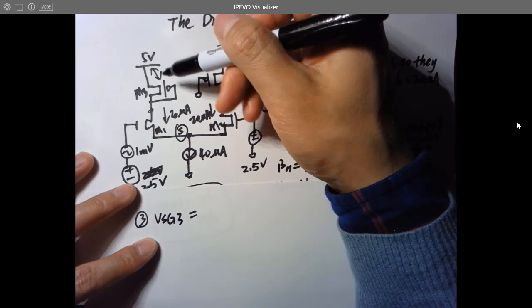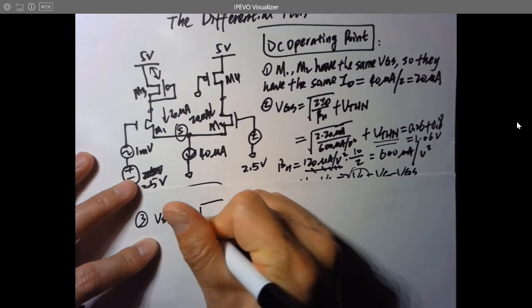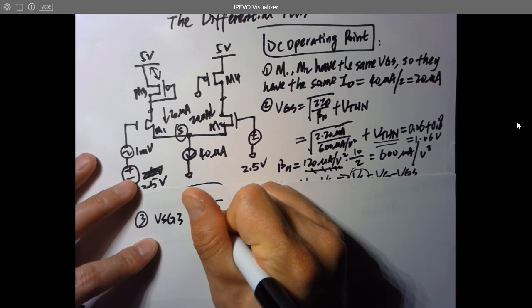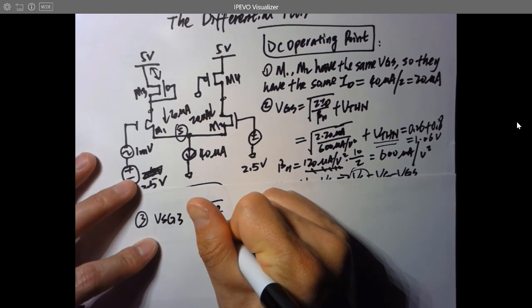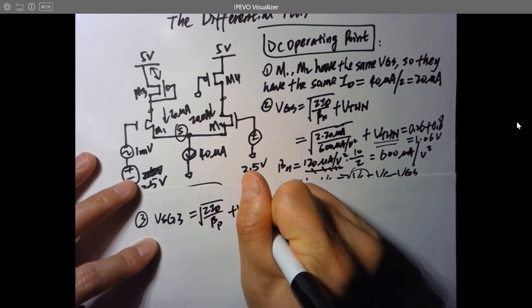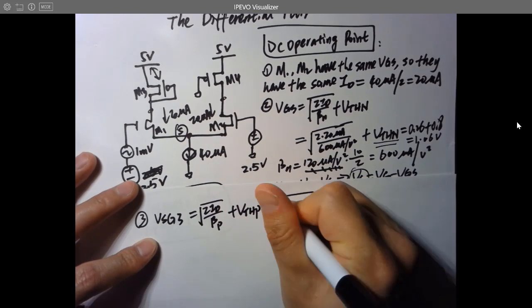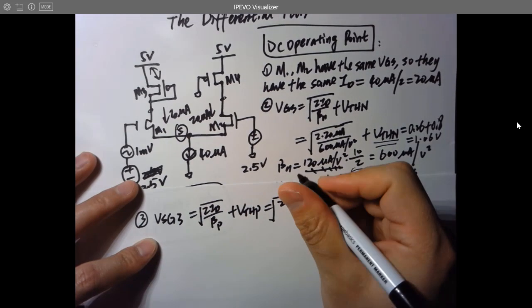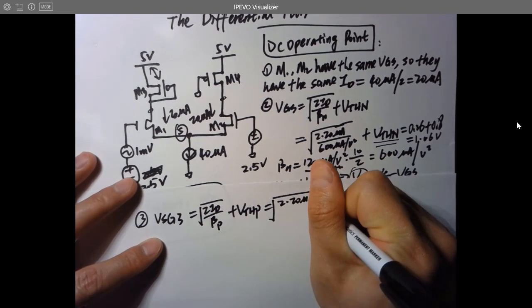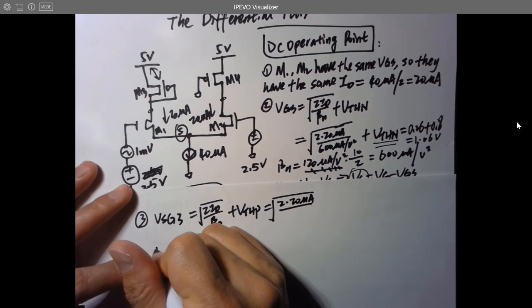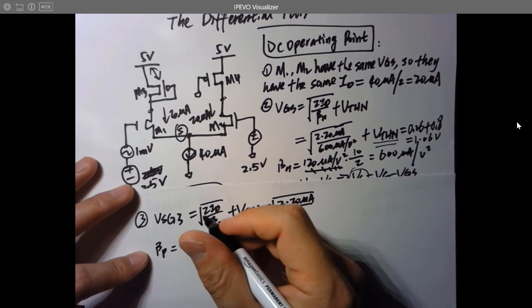So VSG3 equals, same concept, same equation, 2 times 20 microamps over beta P, plus VTHP. So what is beta P? Let's calculate it.